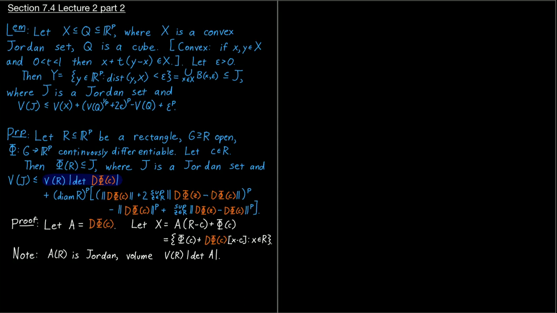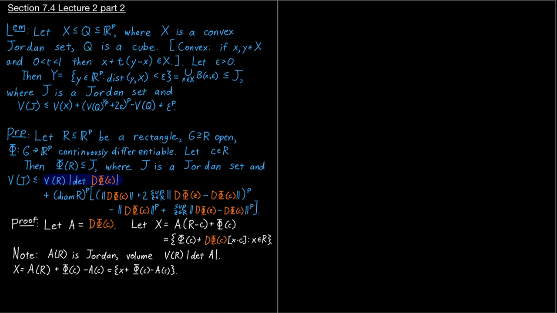And X is a translation of A of R. X is A of R plus some constant vector, which as it happens is phi of c minus A of c.